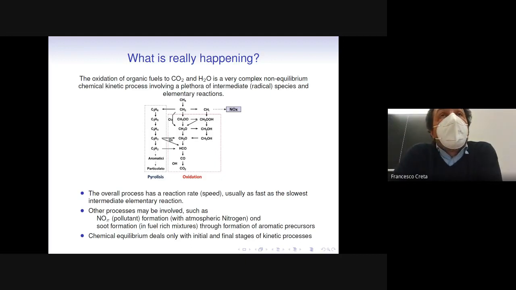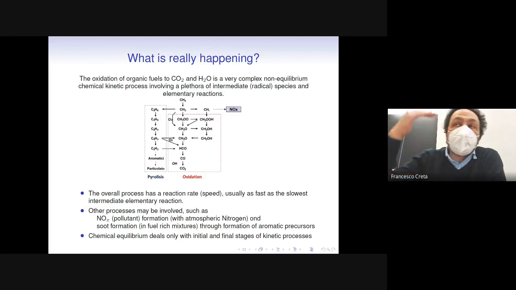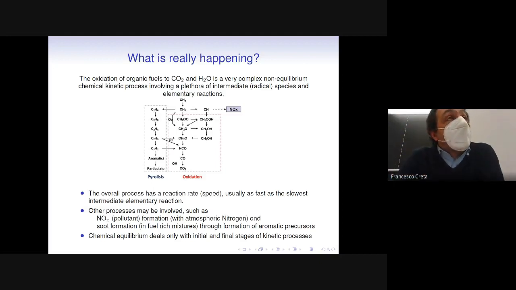These molecules are essentially bumping into each other with kinetic energy sufficiently high, so they will break. The kinetic energy involved in the collision will be sufficiently high to break the bond.